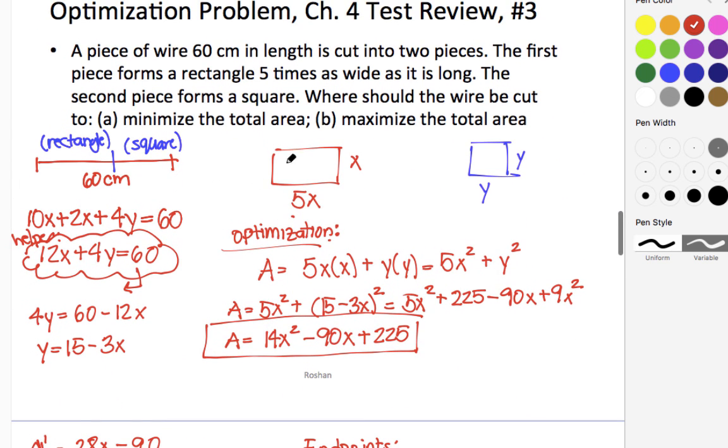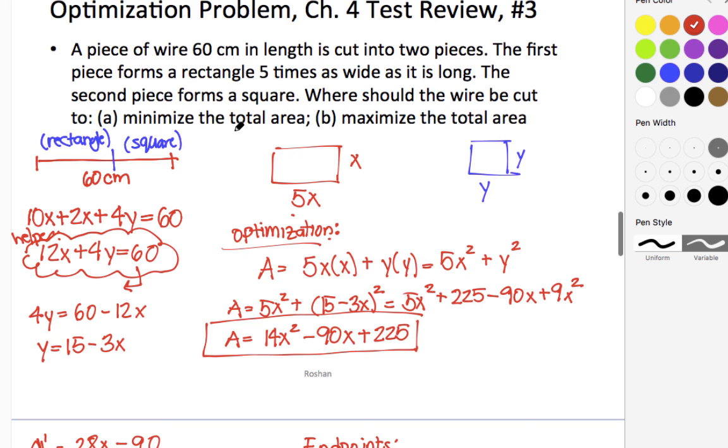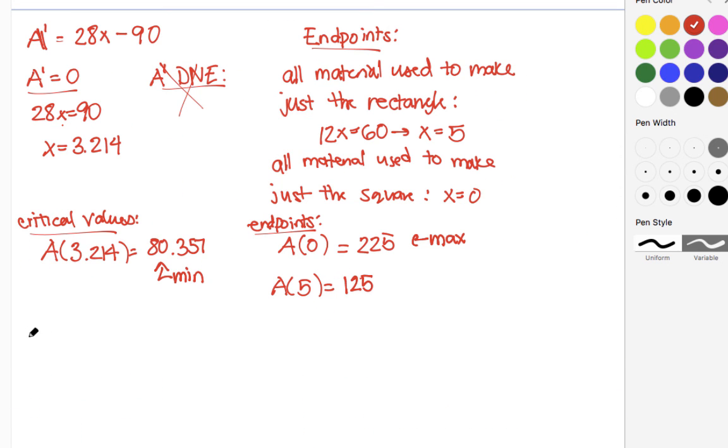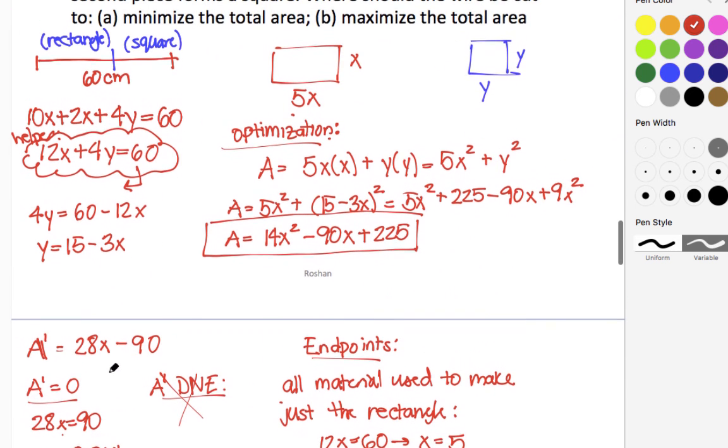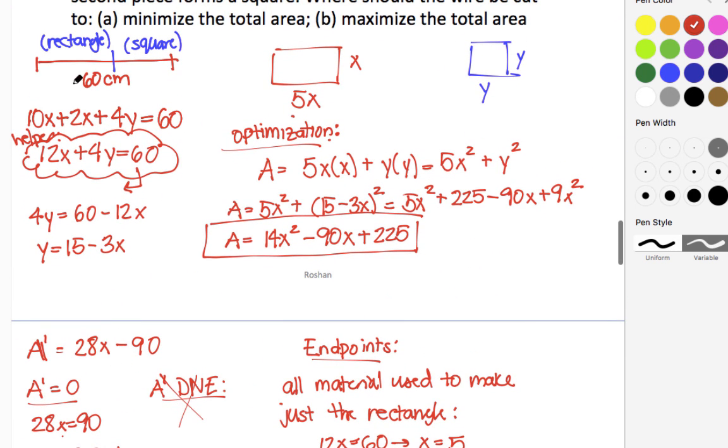So back to our question, it says, where should the wire be cut to minimize the total area? So we minimize when x equals 3.214. So that means how much of the material goes into the actual rectangle part here. That would be the 12x.